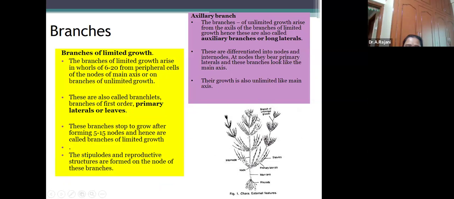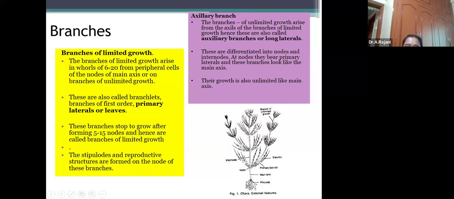Where the node part is present, two types of branches are produced. One is the lateral branch of limited growth, and the second is the lateral branch of unlimited growth.